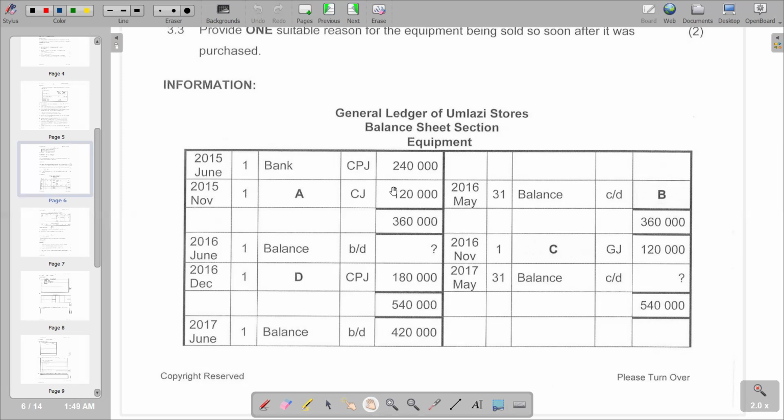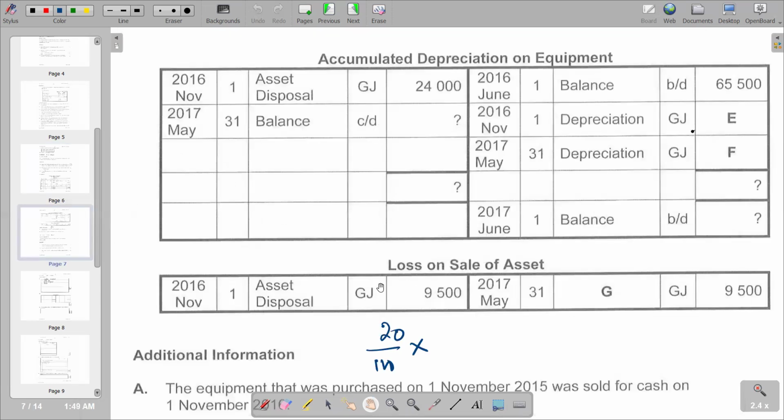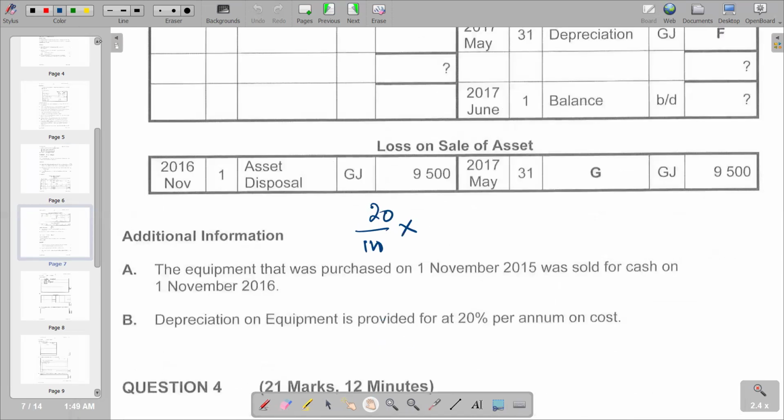And then obviously we multiply 120,000 by 10%. So we come here, we just multiply by 120,000 there.